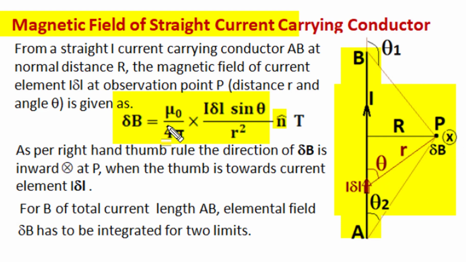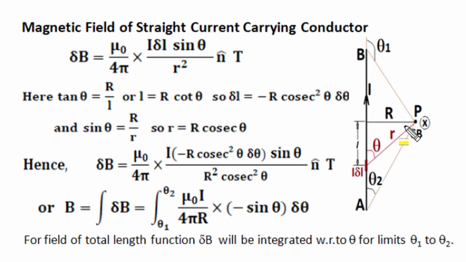So the vector summation of elemental magnetic contributions becomes a simple algebraic summation for this entire AB length, and that can be obtained by simple integration of this result for integration limits A to B of this straight current carrying conductor.